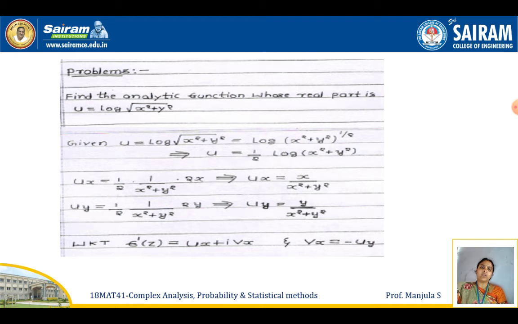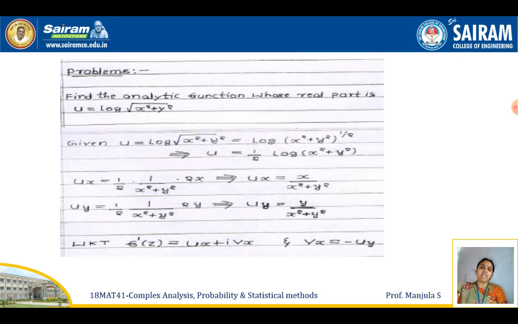As I told you, first we have to find the partial derivatives, that is ux and uy. So ux is 1 by 2 into 1 by x square plus y square, into 2x. Here 2 gets cancelled. We get ux as x divided by x square plus y square, and uy is y divided by x square plus y square. We know that f dash of z is ux plus i into vx.